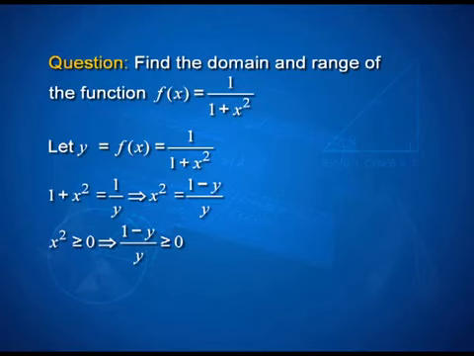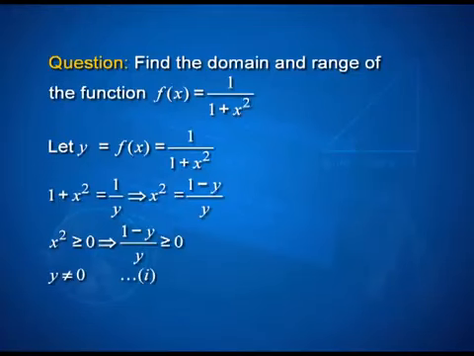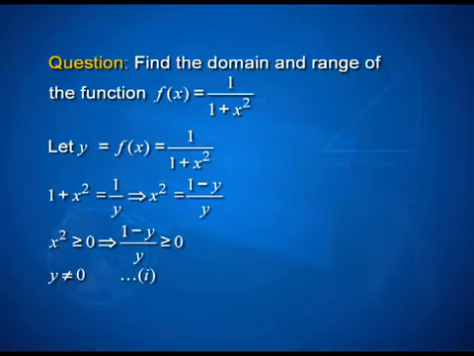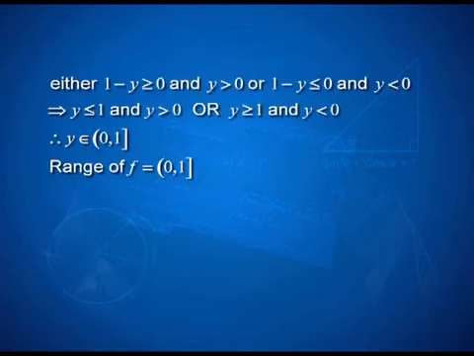So, the right hand side, that is (1 minus y) by y, must always be a real number and must also be greater than or equal to 0. That means y definitely cannot be 0. That is what we saw by the picture as well earlier. Here therefore, the other condition on y would be, since (1 minus y) by y is a quotient of two expressions, that either both the expressions, that is 1 minus y and y, are positive or both are negative.